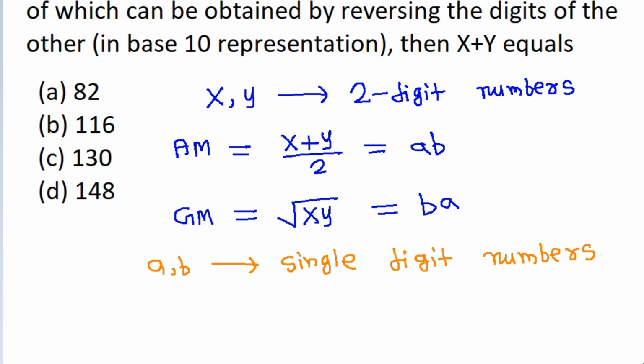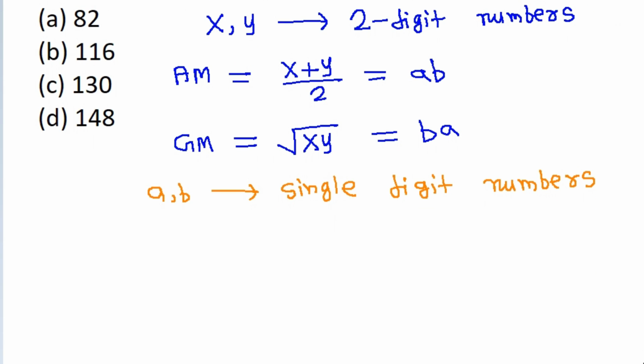And we have (x plus y) by 2 is equal to AB. So we can get x plus y is equal to 2AB, and AB can be written as 10A plus B.